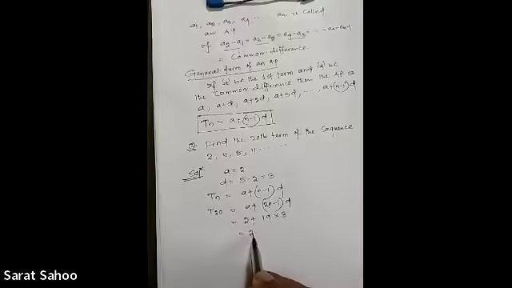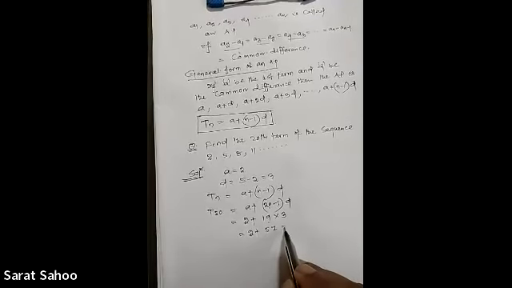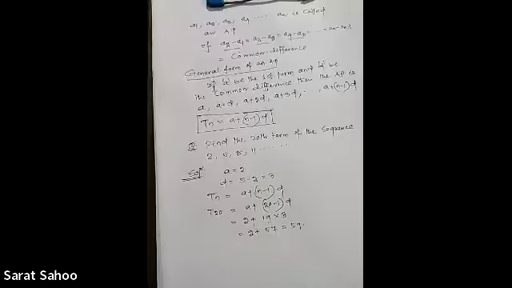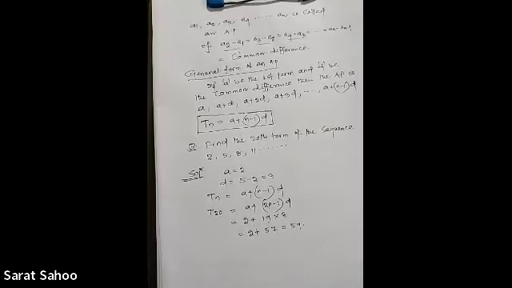So 2 plus 19 times 3 is 57. 57 plus 2 is 59. Yes, Pratishruti, you are correct.